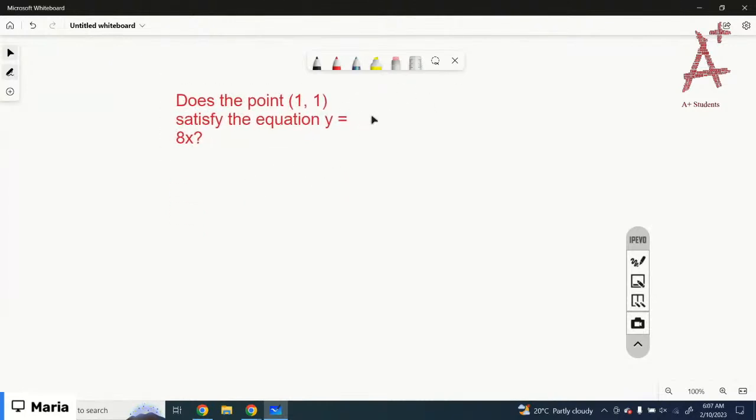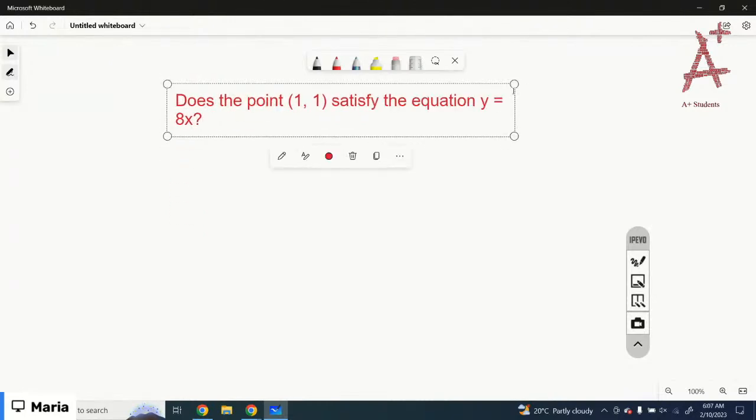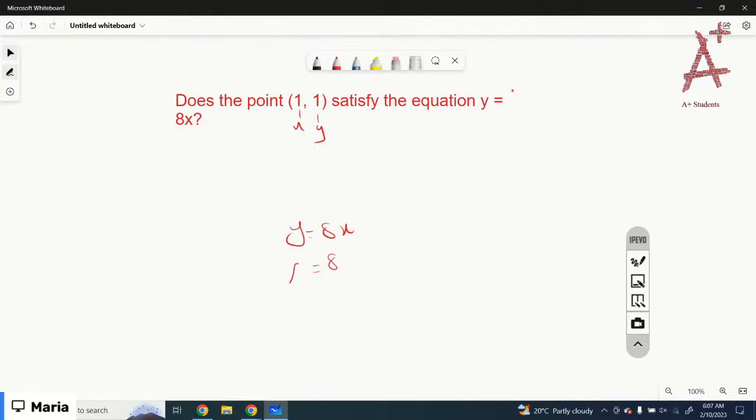So the equation is y equals 8x, and the point is 1 and 1. x is 1 and y is 1. Just replace the variables: 8 times 1. 8 times 1 is 8. 1 equals 8? No, they are not equal. That means the point (1, 1) does not satisfy the equation. So the correct option is no, the point does not satisfy the equation. Got it?